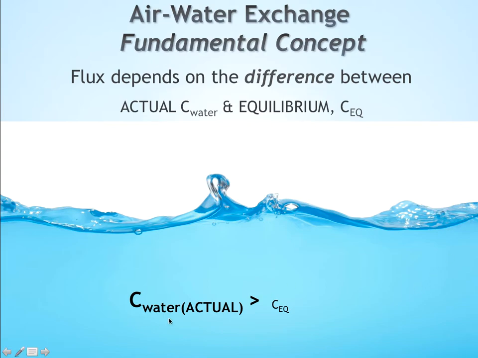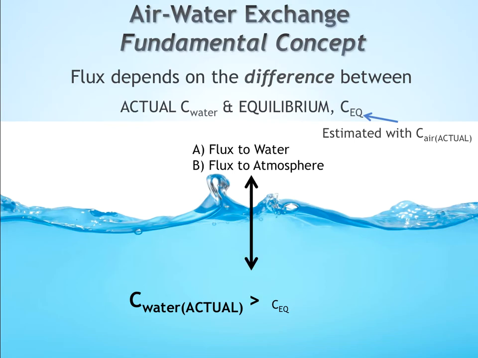So if the amount that's in the water that you measured is greater than the amount that should be there at equilibrium, which again we estimated with the actual measured amount in the air, would you expect that the flux would be to the water or to the atmosphere? So out of the atmosphere into the water, or out of the water into the atmosphere?